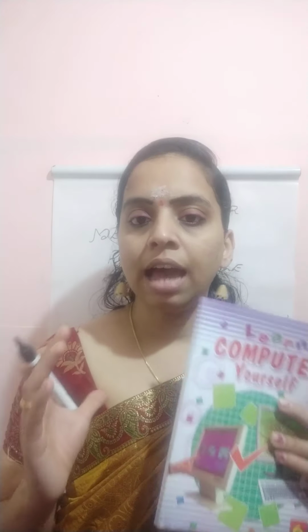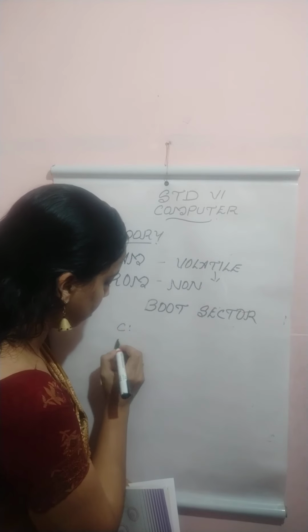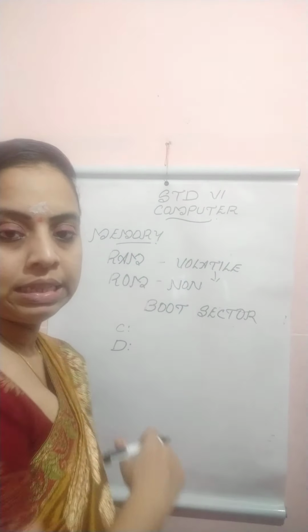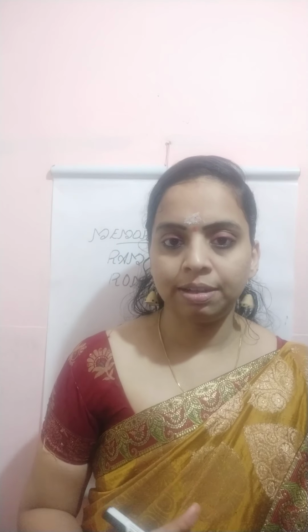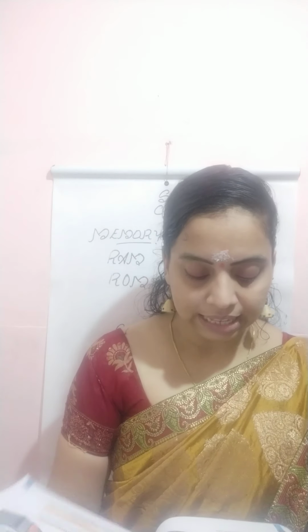Open the computer, and you can see an application called My Computer, or just Computer. When you open that, you will see a C drive, D drive, like this, some drives. These drives are known as hard disk drives.